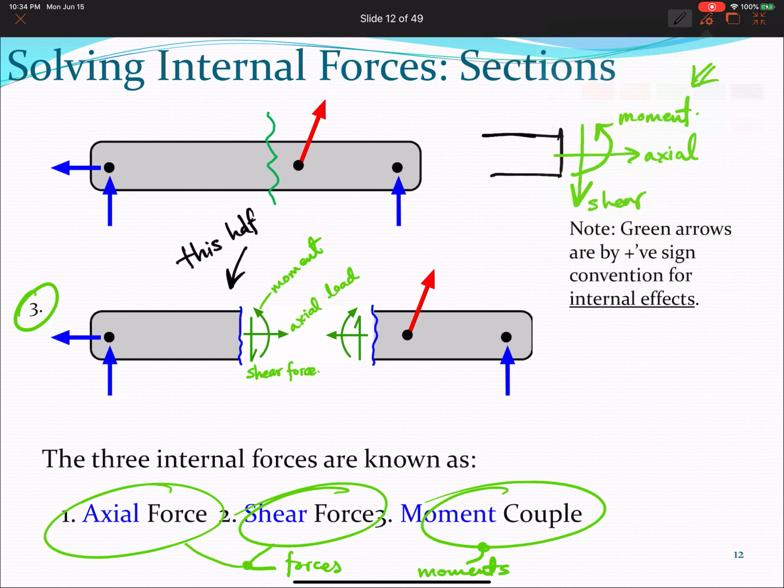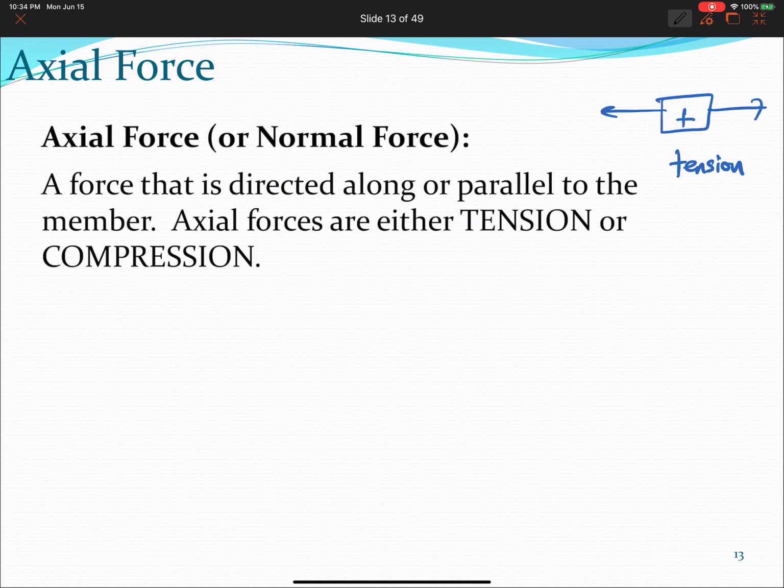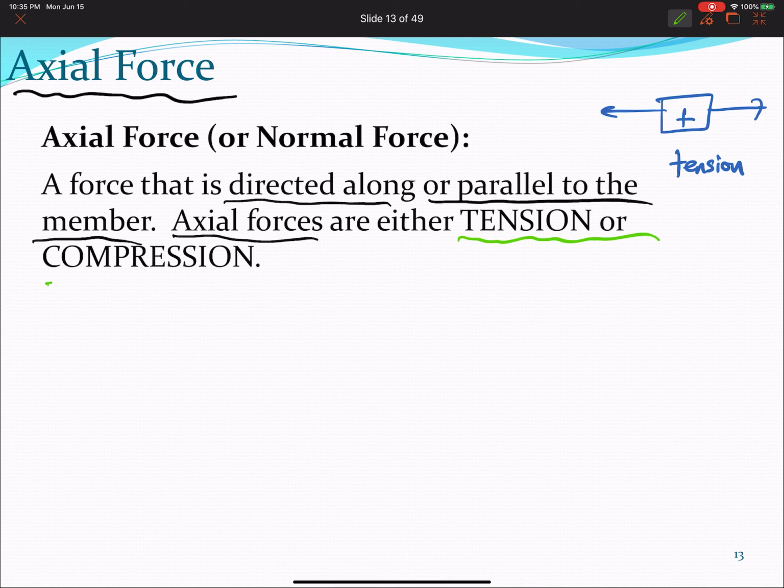In just a minute. So what are the forces that I find, right? What about the axial force? Well, the axial force is directed along, or is parallel to the member, right? Axial forces, we know, are or can be either in tension or compression.